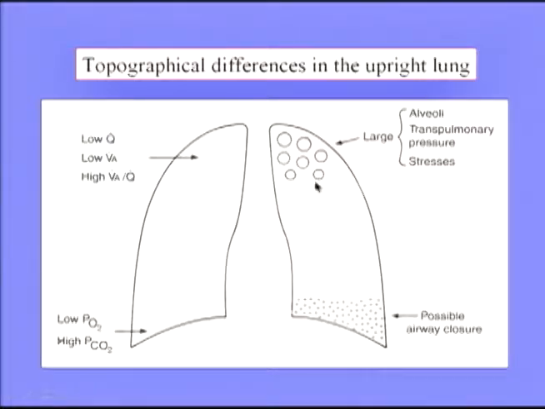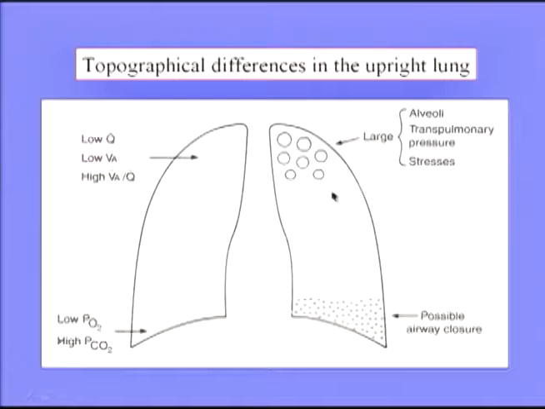On this side, we can see what happens because the lung is distorted by its own weight. And as a result, the alveoli are large at the top of the lung, the transpulmonary pressures are greater, that is to say the difference between alveolar and intrapleural pressure is greater, and the mechanical stresses in the lung are greater. And you may have airway closure at the bottom of the lung because of this distortion.